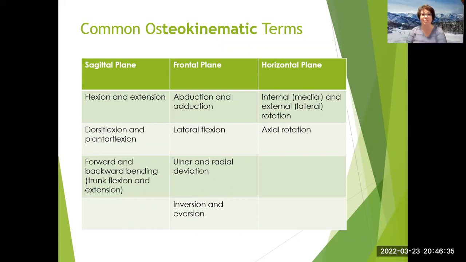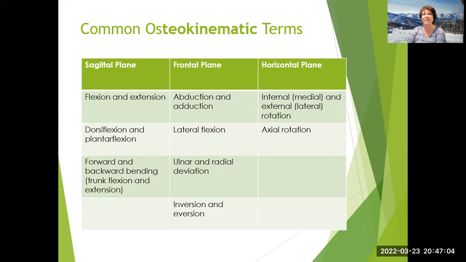Abduction, that's your classic jumping jack. Lateral flexion or side bending of your trunk or your neck. Ulnar and radial deviation, ulnar towards the pinky, radial towards the thumb. That's of the wrist only. And inversion and eversion. Inversion of the ankle and foot complex is the plantar surface or the sole of the foot towards the midline, and eversion is sole of the foot away from the midline.